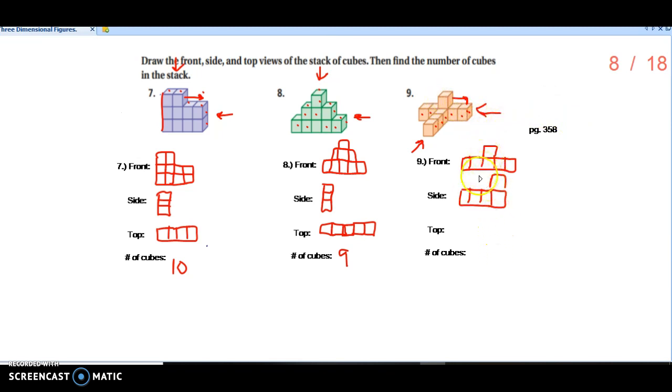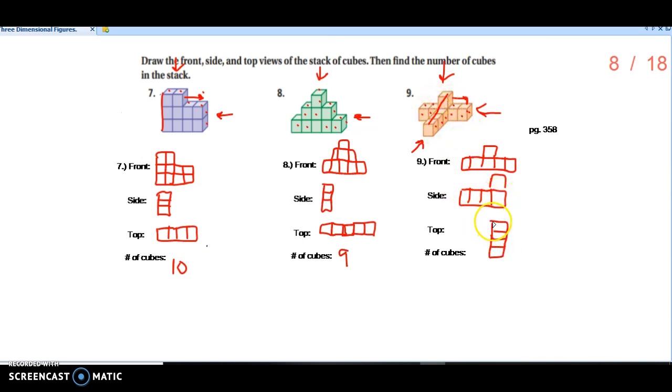It'll be over there. And then the top, looking down from above, you'd see this whole line right here, and then the 2 to the left of it and the 2 to the right of it. So you'd have a long line here of 1, 2, 3, 4, because remember, you can't see the one underneath it.